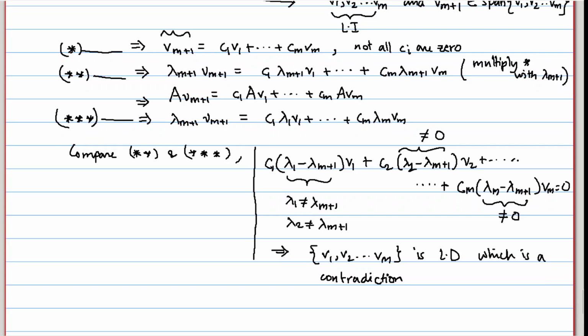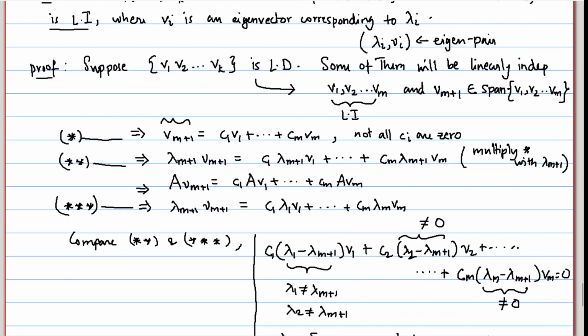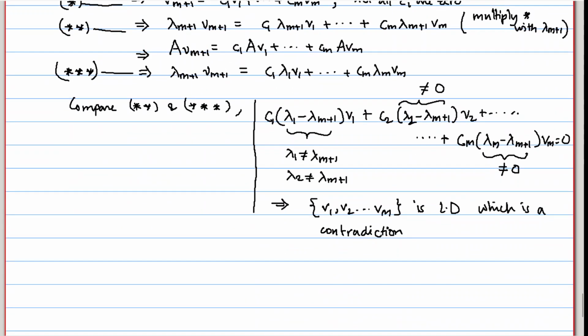Why is it a contradiction? Because we assumed in the beginning that some of them are linearly independent, and that is this set. We have taken them to be linearly independent, and then we got this contradiction.